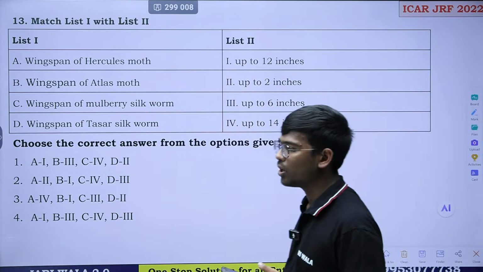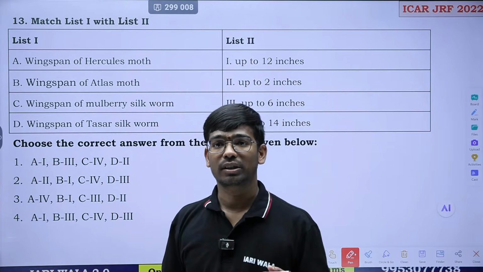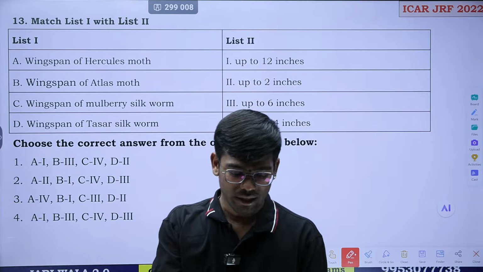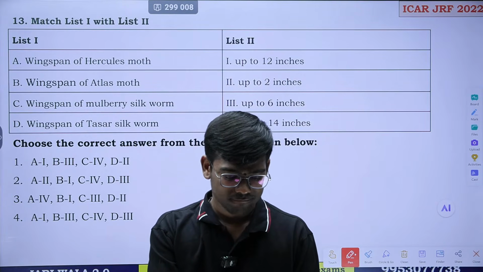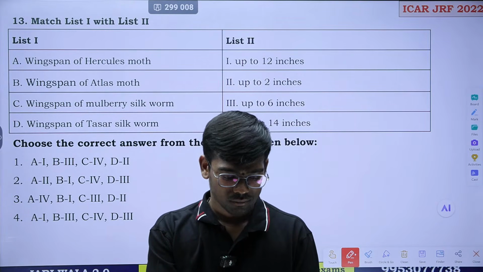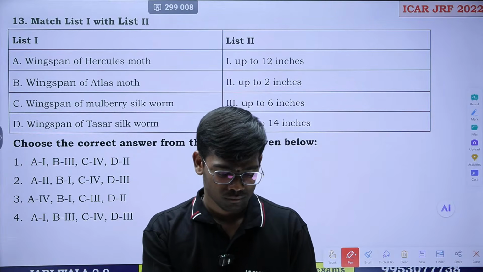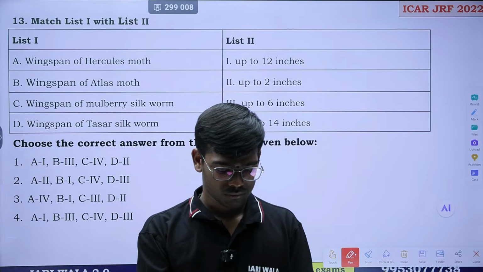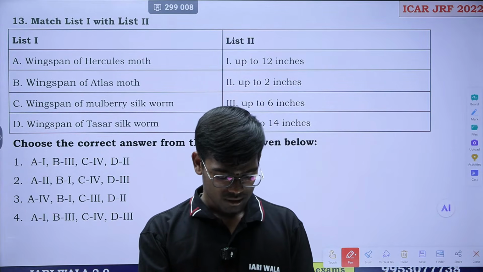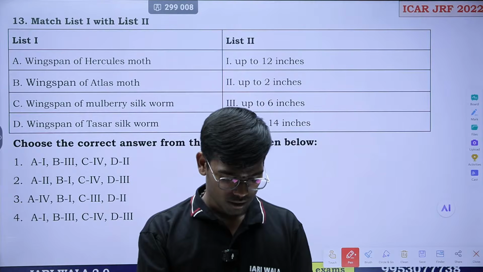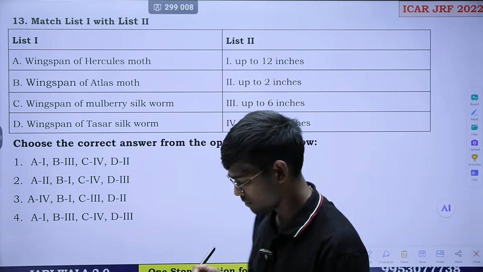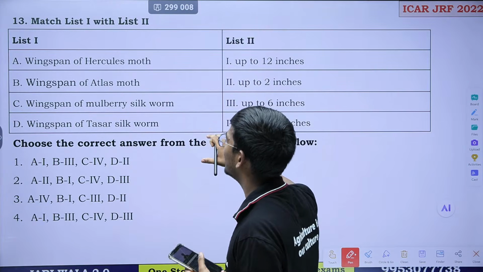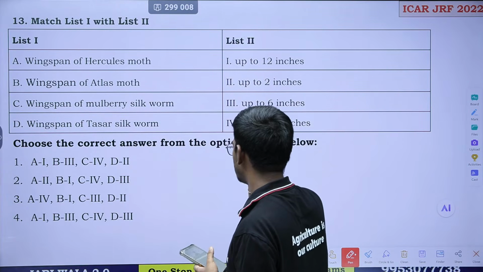Hercules moth is the largest moth in Australia. Some students kept 2 and some students kept 3. Yes, Dev Patel kept it correct, it's 3. The wingspan of Hercules moth is 14 inches.